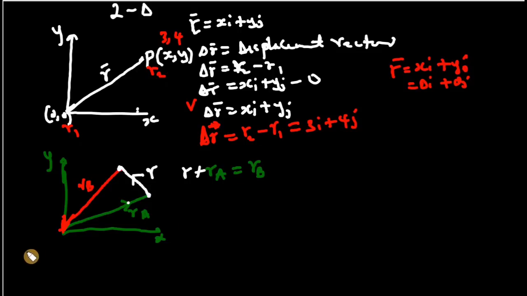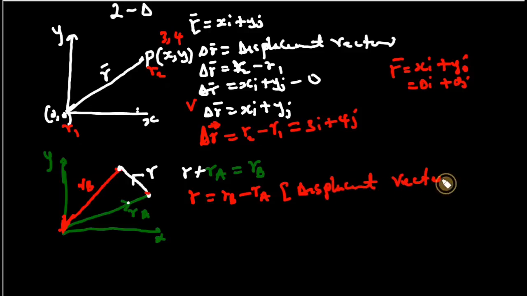So from this expression we can comfortably write that R is RB minus RA. So in this case, this is what we have as the displacement vector. And of course, this again gives the expression for the change in the position.